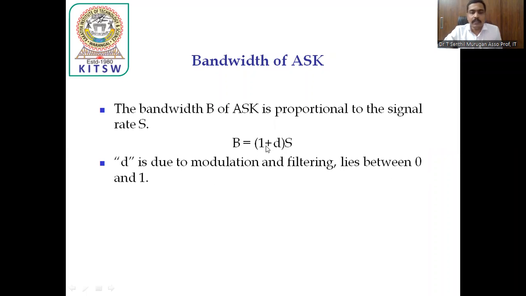So bandwidth may be 2 times the signal elements. The minimum is single and the maximum is 2 times the signal value.